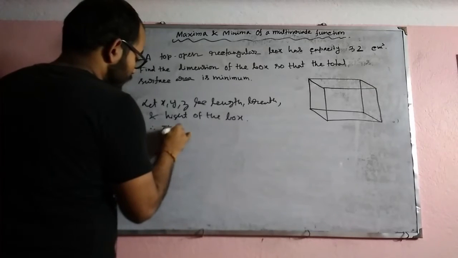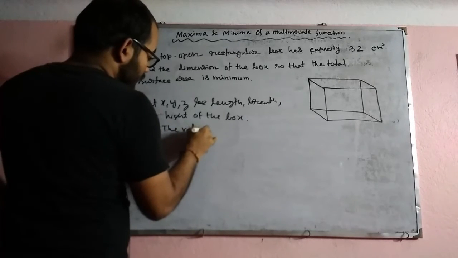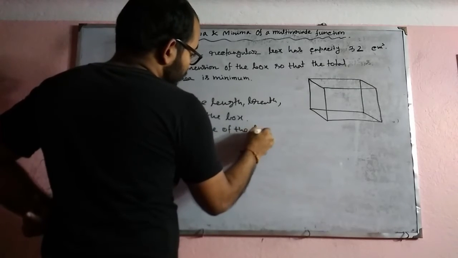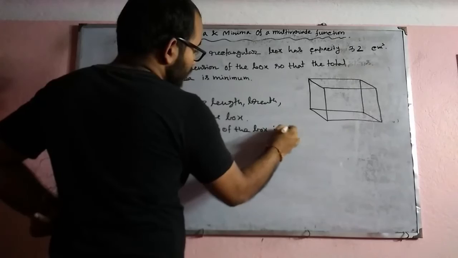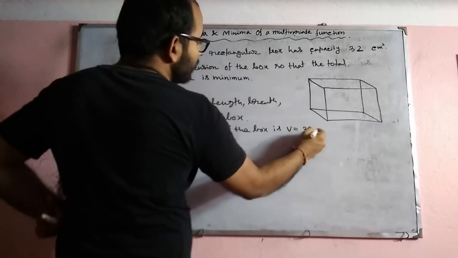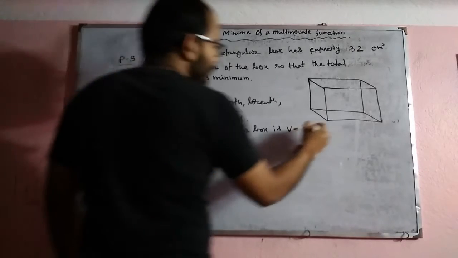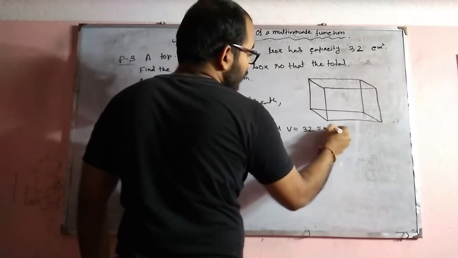So the volume of the box is equal to 32, which will be xyz.